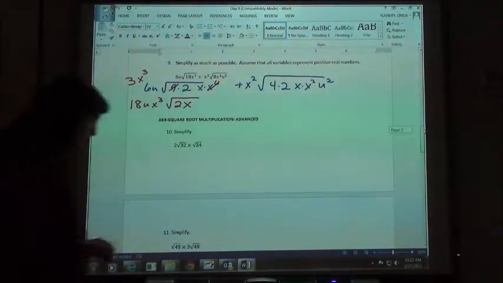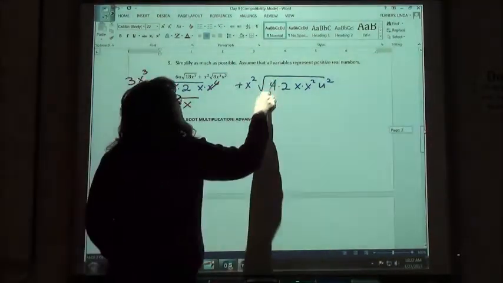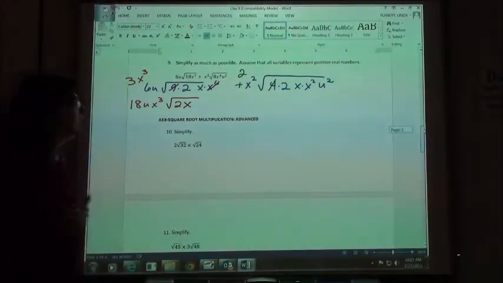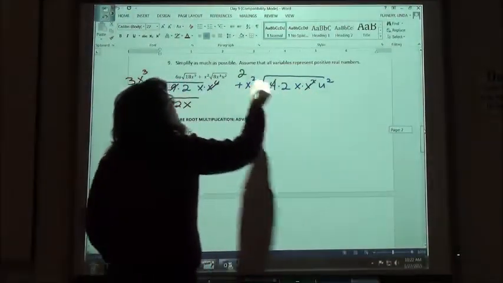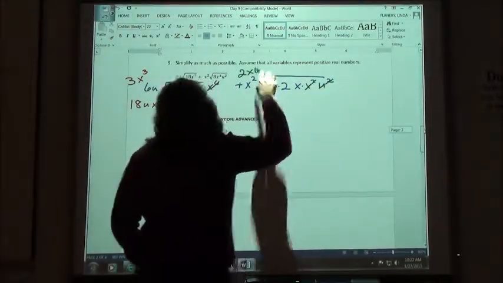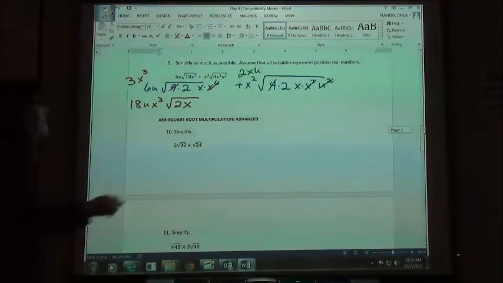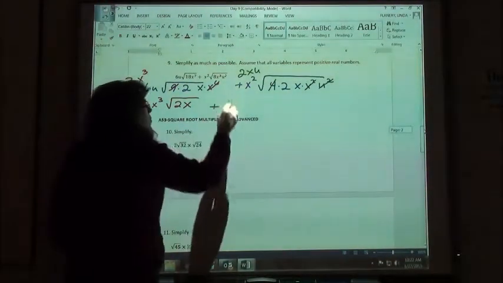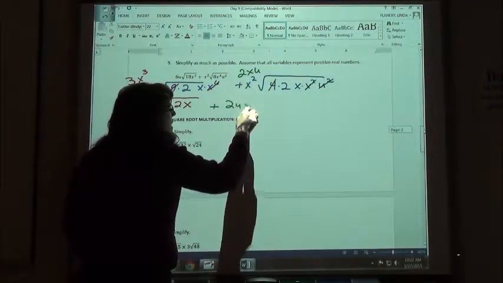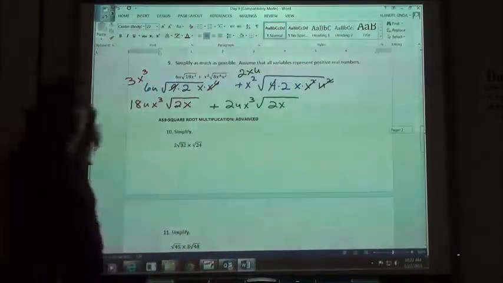So taking out our perfect squares, the square root of 4 is 2. The square root of x squared is an x, and the square root of u squared is u. So when we put those all together, we're going to get 2, there's a u, x times x squared is x to the third, and then I have 2x underneath my radical.